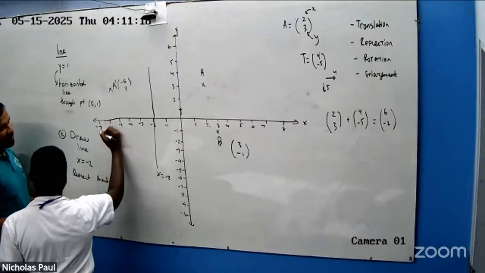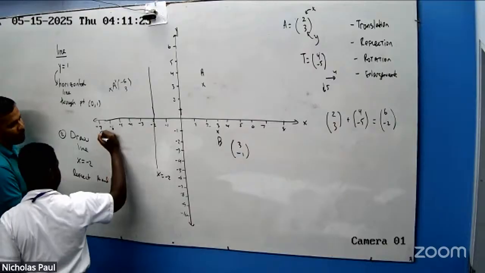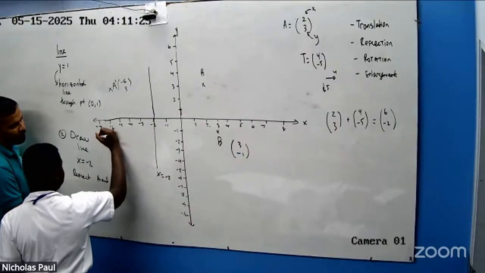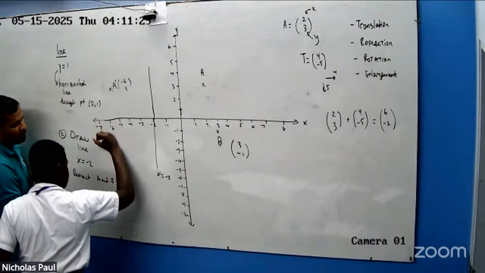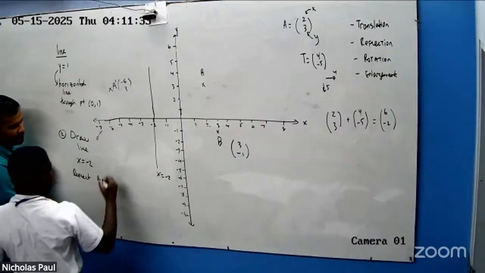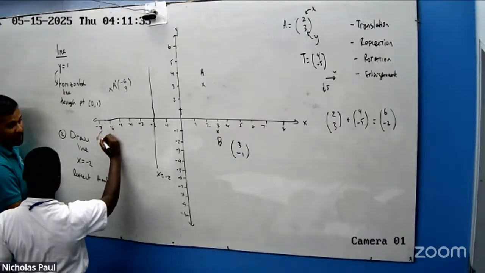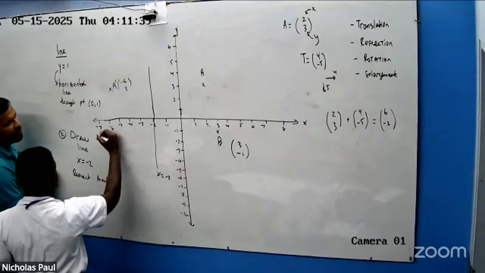Minus 7 points. Put the point. Put B prime. One. The line on something. And what point is minus 7 and minus 1? Minus 1.